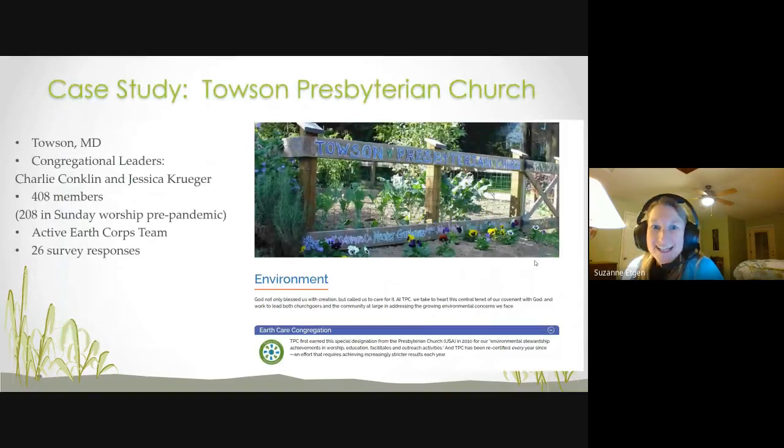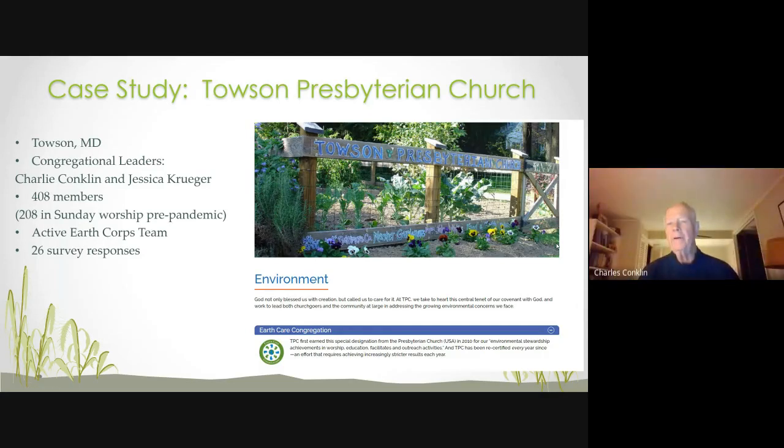So let's move on to Towson Presbyterian. That's Charlie's home. Charlie, what can you tell us about your lovely church here? Well, I'm an old man, because we started our Earth Corps group about 1990. It was ladies that started it, and it was great.